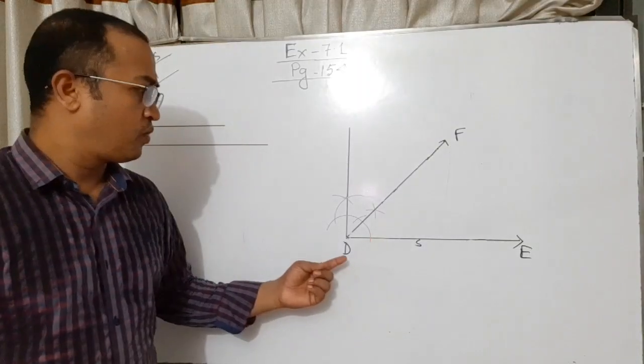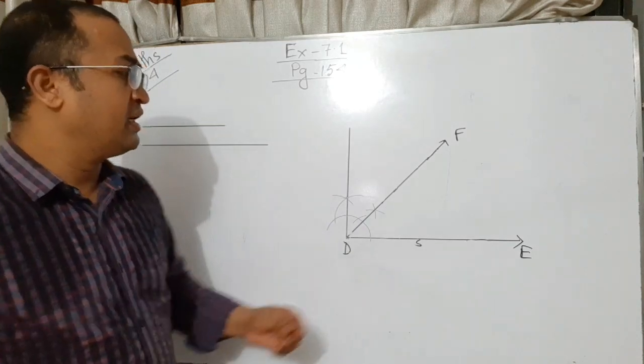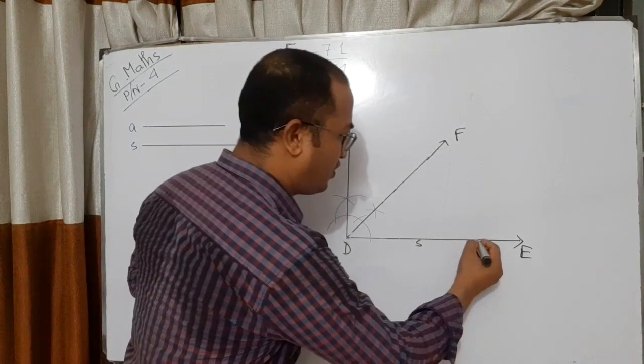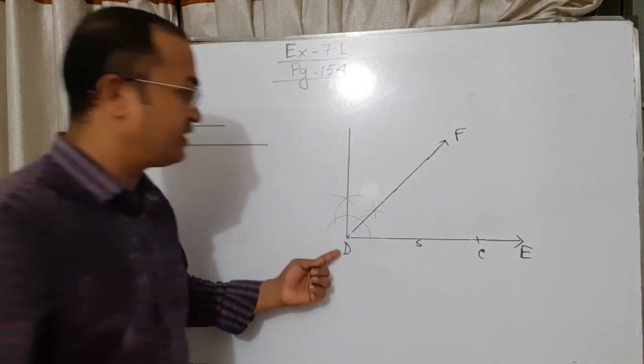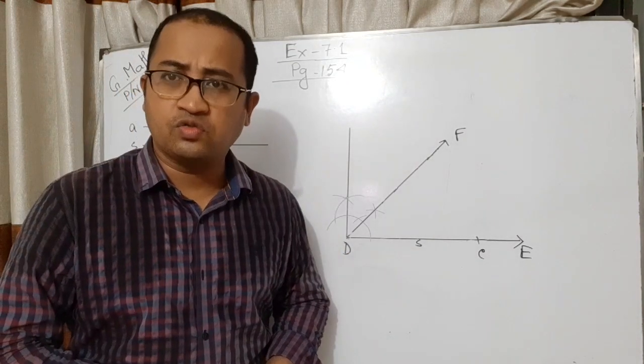Look, from the line DE, we take DC equal to S. This DC is equal to S, that is the sum of the other two sides.